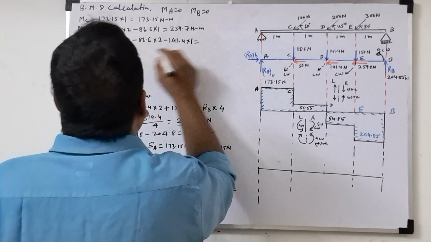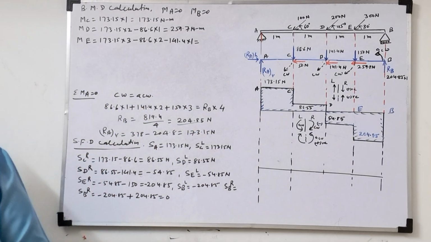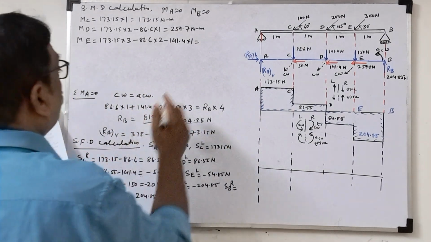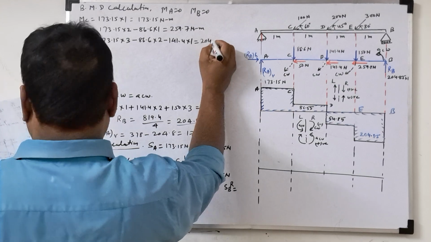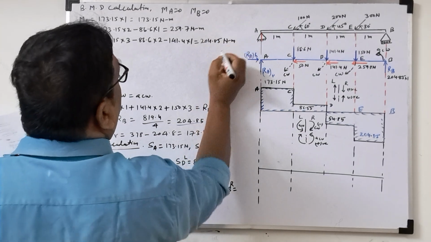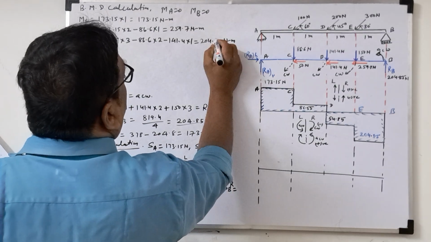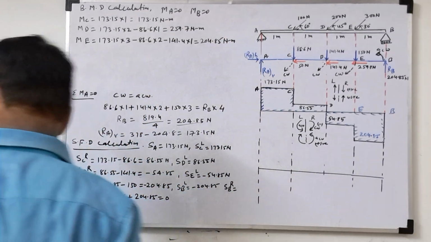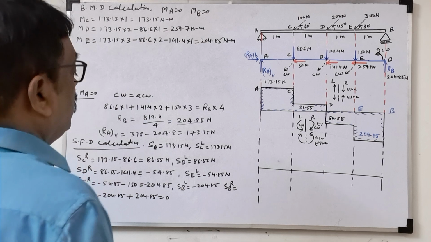This way we find the bending moment at E. Bending moment at E is coming 204.85 Newton meter. Bending moment at E is over. So now we'll draw the diagram.